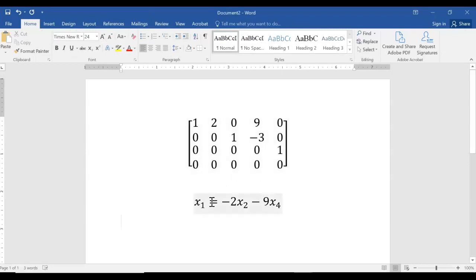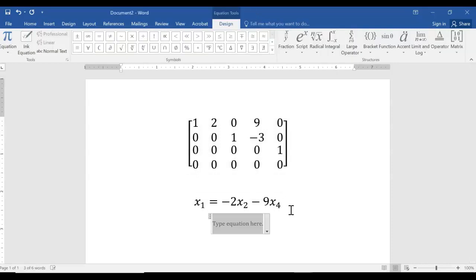Okay, hopefully that wasn't too quick. Basically, x1 plus 2x2 plus 9x4. I'm moving the 2x2 over and then moving the 9x4 over by subtracting each one from both sides. That second equation is saying that x3 is equal to 3 times x4.